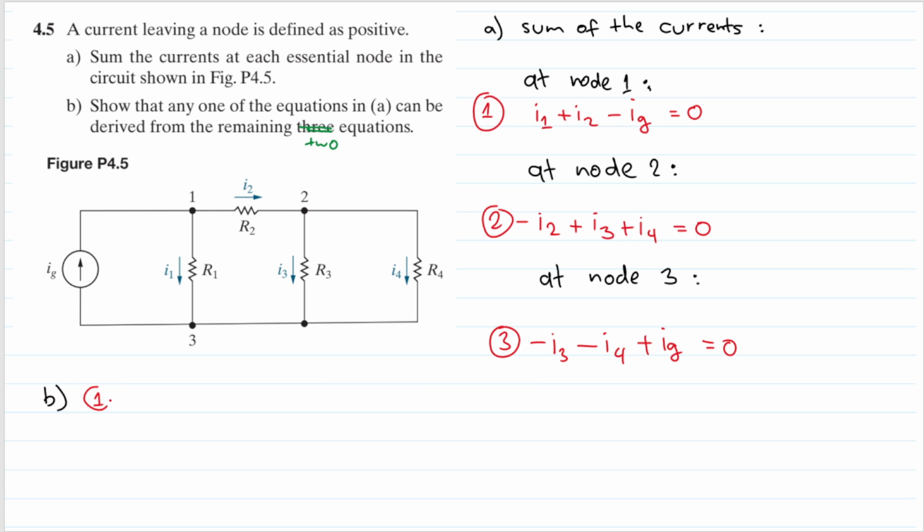So if we sum equation 1 and equation 2, if we add them, we will have I1, okay, we still have I1. And then I2 minus I2 will cancel into 0, right? And then we will have minus Ig.